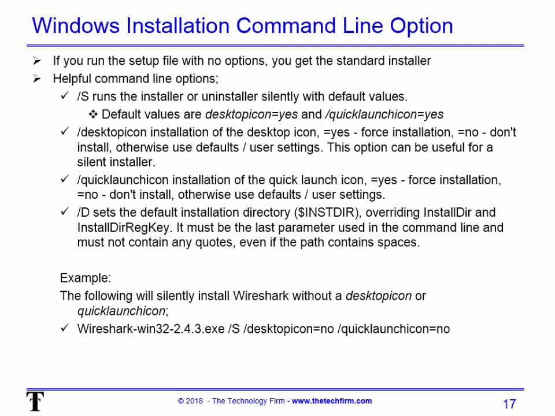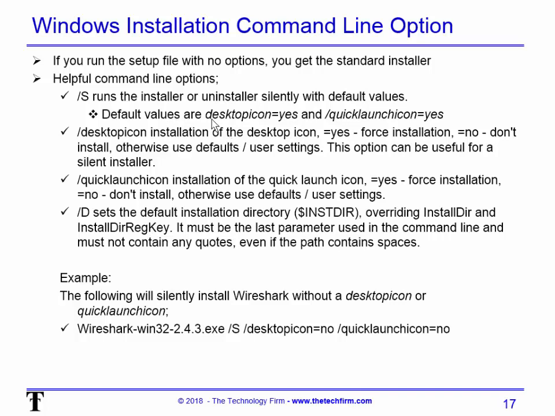Okay, the next few slides are going to cover installing Wireshark on Windows, and these are installation command line options. So when you run the setup file with no options, or you just simply double click on the executable in whatever folder you've downloaded Wireshark to, you get the standard installer and it walks you through the install, which is fine. But here's some command line options you may want to be familiar with. There's a slash uppercase S, and that runs the installer or uninstaller silently with default values, which is really helpful to know.